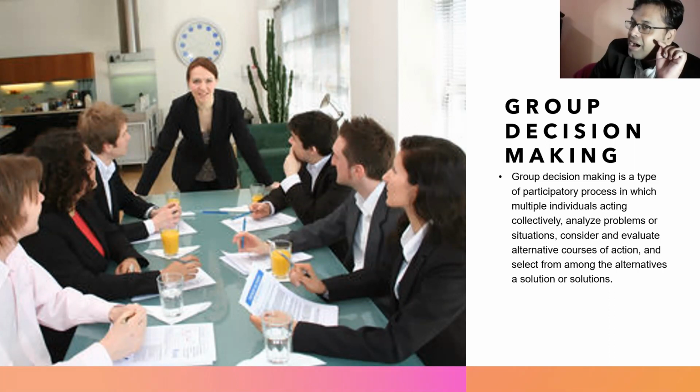Whenever two or more members are sitting together to take a decision, that is called group decision making. So group decision making is a type of participatory process in which multiple individuals acting collectively analyze problems or situations, consider and evaluate alternative courses of action, and select from the alternatives a solution or solutions.